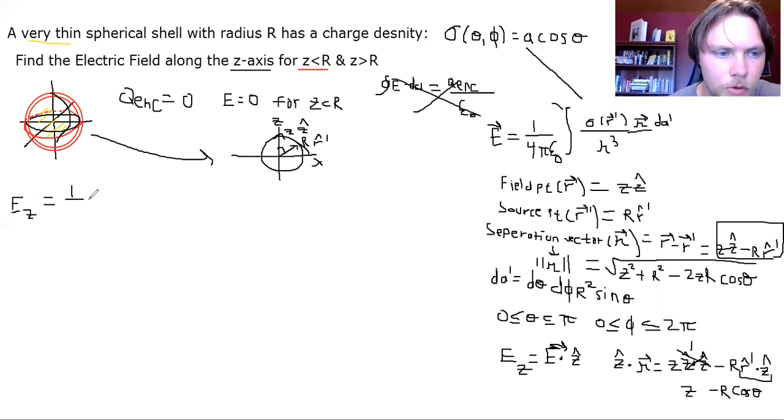So we set up the integral: 1 over 4 pi epsilon naught, integral from 0 to pi, and the integral from 0 to 2 pi.